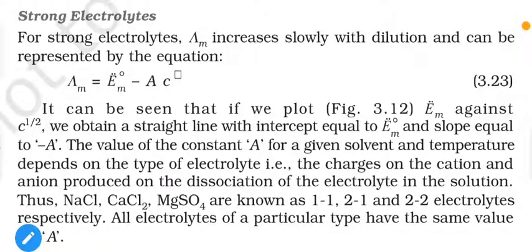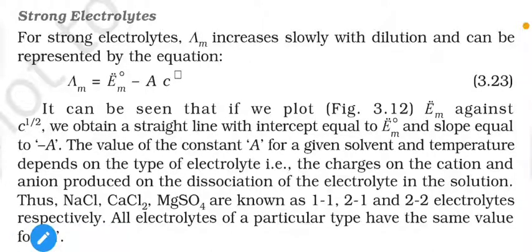Now strong electrolytes. For a strong electrolyte, lambda m increases slowly with dilution and can be represented by the equation lambda m is equal to lambda m naught minus A C raised to 1 by 2. If we plot a graph of lambda m against C raised to 1 by 2, we obtain a straight line with intercept equal to lambda m naught.